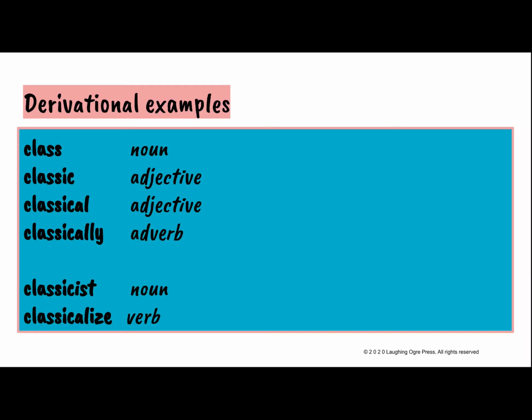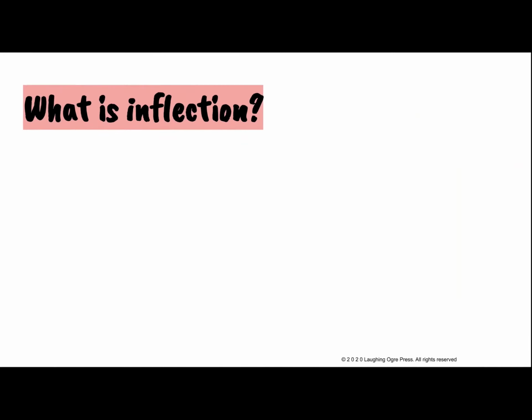If we add ly onto that, now we've got an adverb. If we have IC plus IST, we have a noun because we know that IST is a person. And when we add IZE, it becomes a verb. So you can see how just taking one stem, just by adding suffixes to it, we can change them into a lot of different words.